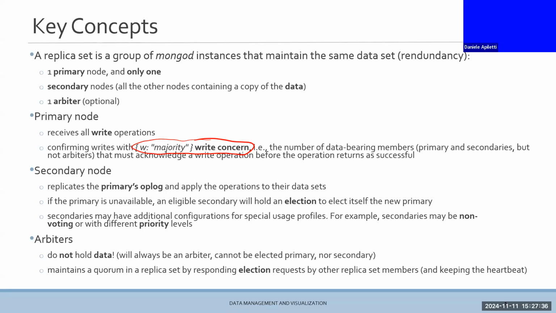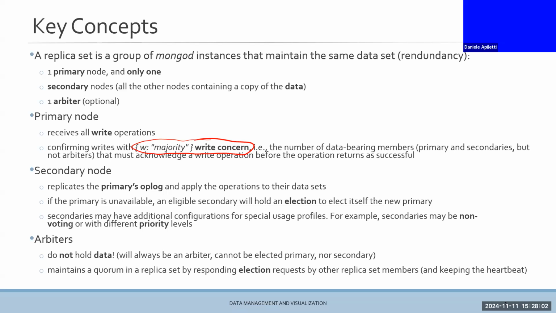So you can trade off reliability and speed. If you have low requirements in speed, you can increase the availability. If you want high speed, of course, you need to decrease reliability. If you have very far away secondary nodes, it's better to avoid waiting for all. That's the write concern.